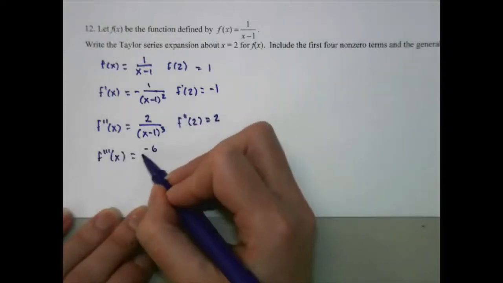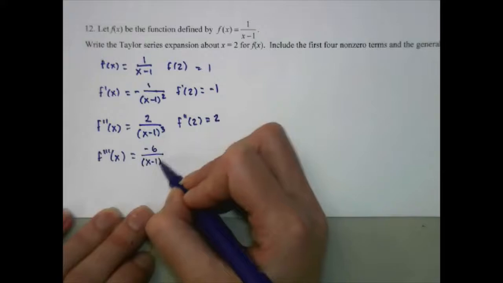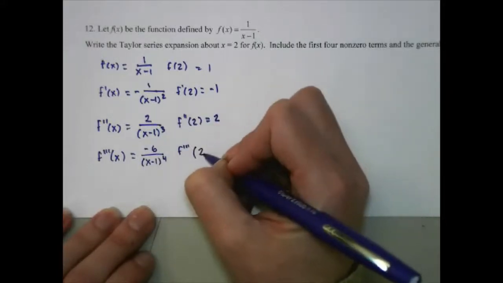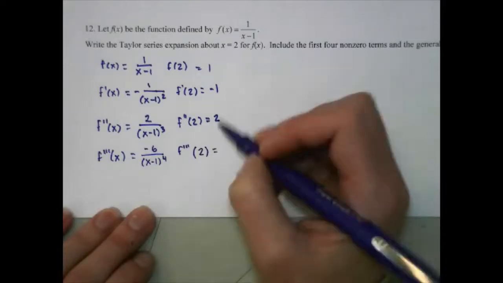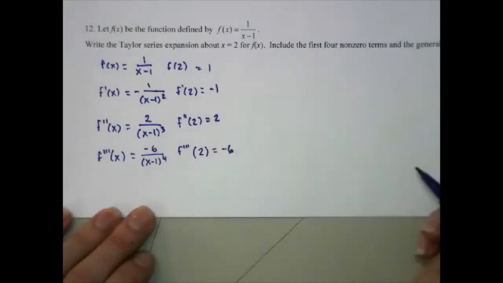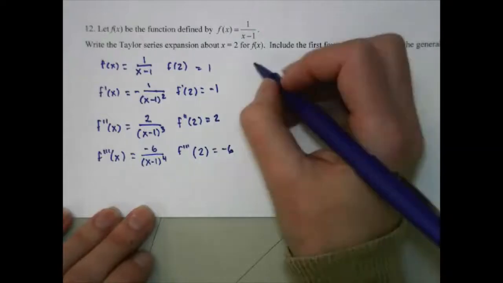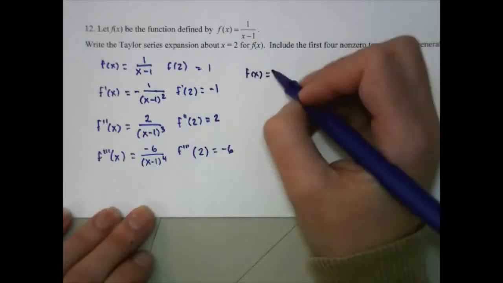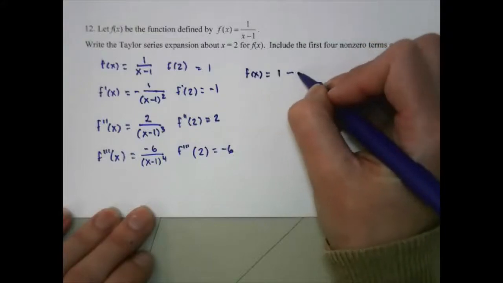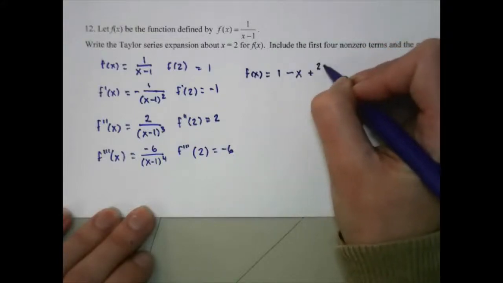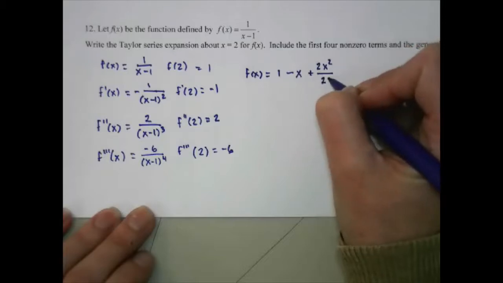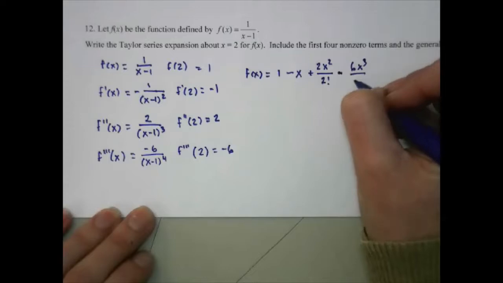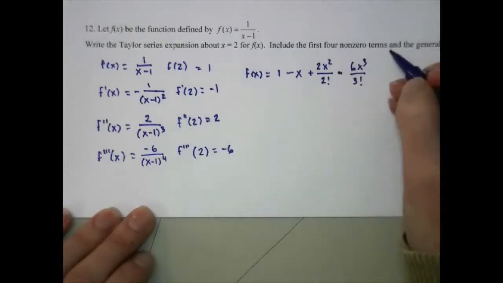So this is going to be a negative 6 over x minus 1 to the 4th, evaluated at 2 is going to give me a negative 6. So our function is going to be 1 minus x plus 2x squared over 2 factorial minus 6x cubed over 3 factorial.